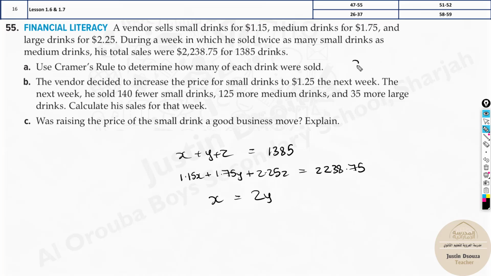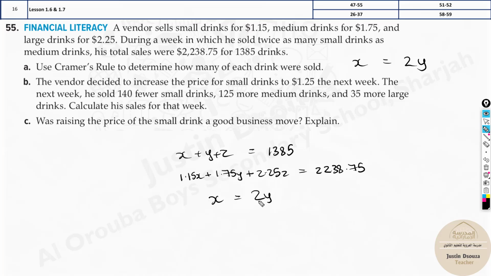So now consider small drinks, x. What is it equal to? There were 2 times small drinks as many as medium drinks. That means if medium drinks is y, 2 times y would be small drinks. So there were more small drinks than medium drinks. So 2 times y, 2 times medium drink would make small drinks. So this is the equation.